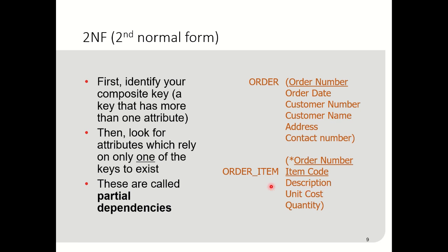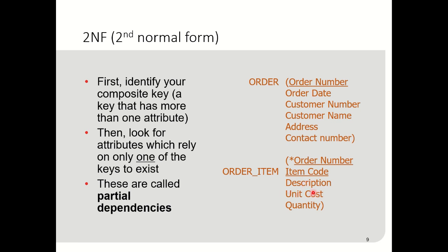We will take description. Is it fully functionally dependent upon both the keys? No, actually description is fully functionally dependent upon only part of the primary key, that is item code only. So there is a partial dependency which exists here.